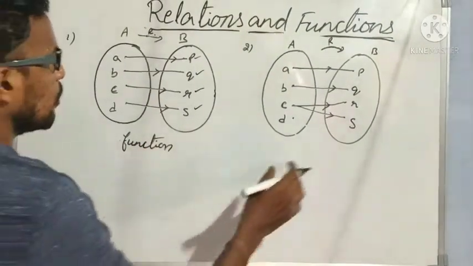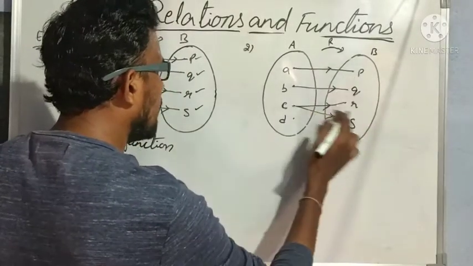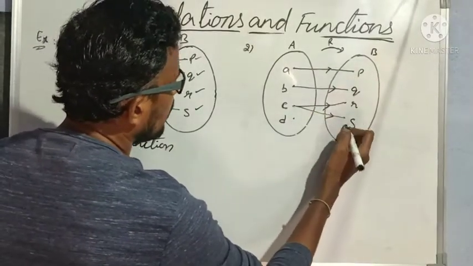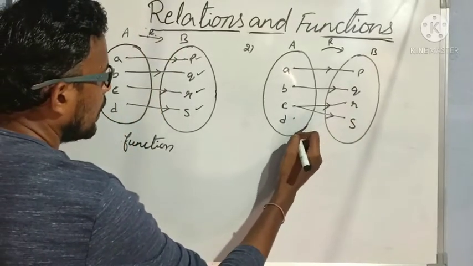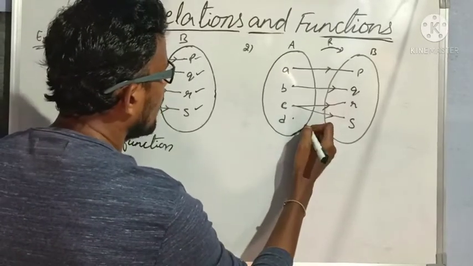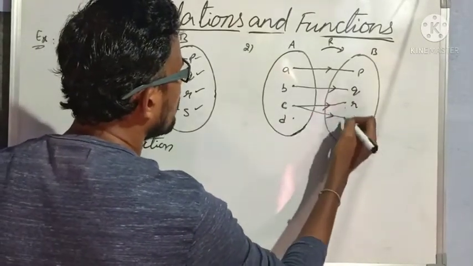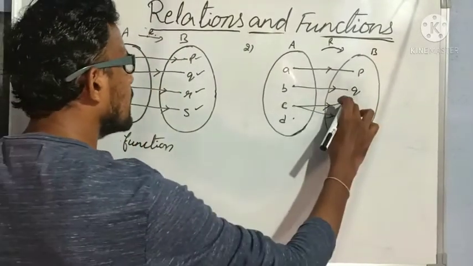Now let us move to our second example. Every element of A should be mapped. Is every element of A mapped here? No, B is not mapped here. And every element of A should have only one image. But C has how many images here? Two images. So the first condition fails and the second condition also fails.